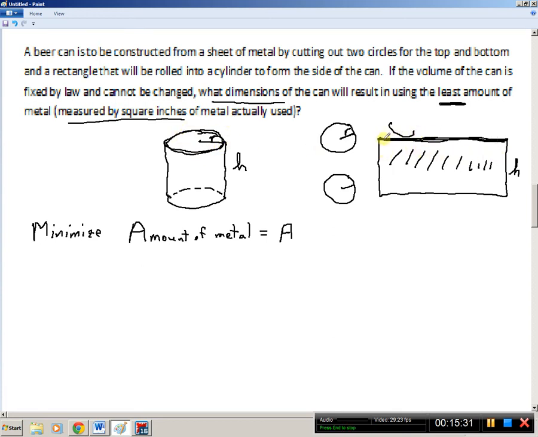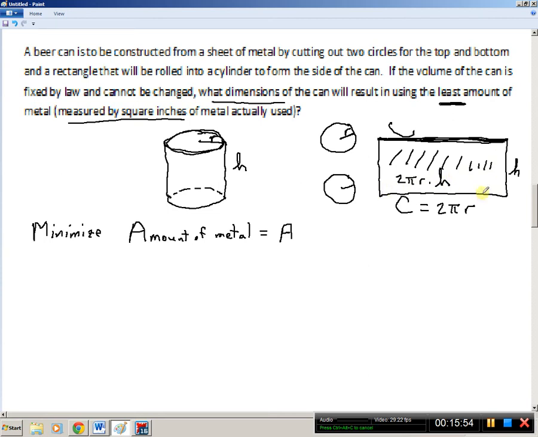So the distance along here is just the circumference of that circle. And the circumference of a circle is 2 pi times the radius. So that tells me that the area of this rectangle is going to be this number, 2 pi r, times the height.